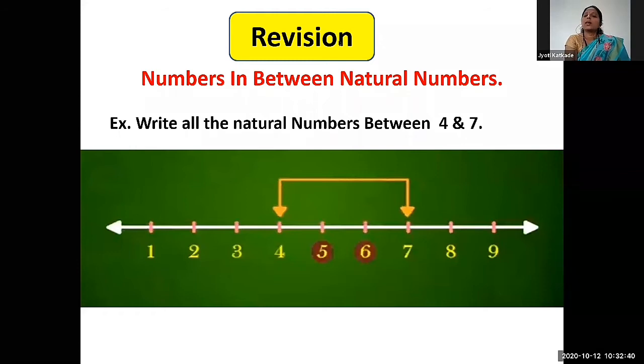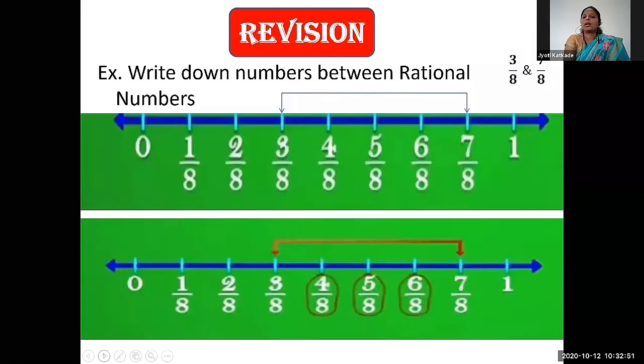Now see the next example, which depends upon rational numbers. Write down the numbers in between the rational numbers 3 upon 8 and 7 upon 8. In the first number line, they are indicated in between 3 upon 8 and 7 upon 8.